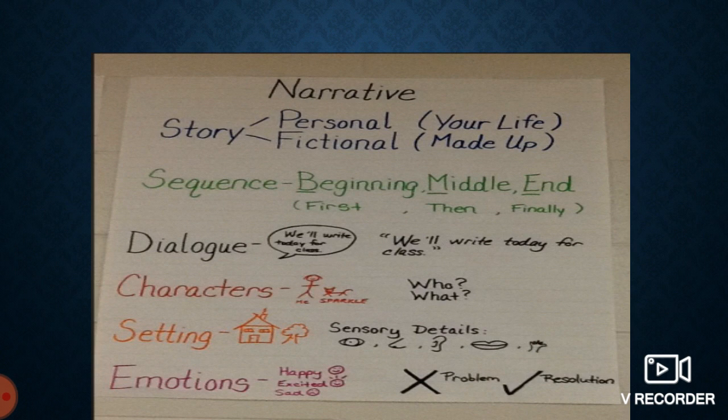And you have to show emotions, means whether you were happy, excited, sad, nervous, and what things you faced, any problem you faced, and how you found the solution. All those things you can include in the narrative form. Okay, so in this way a narrative essay can be written.